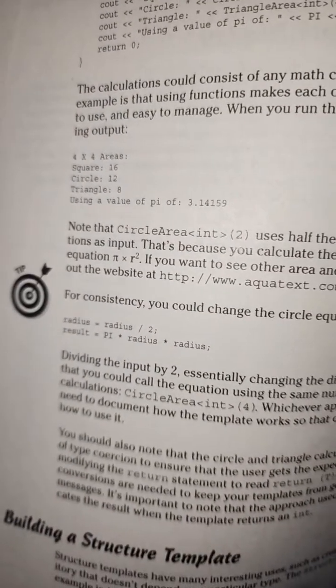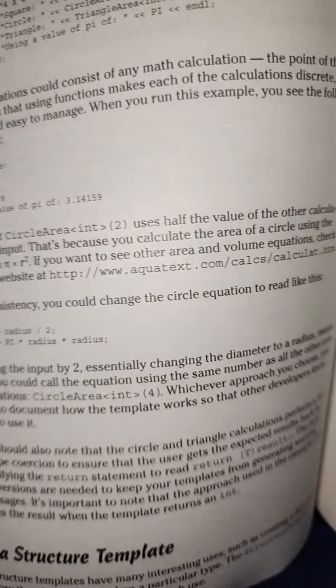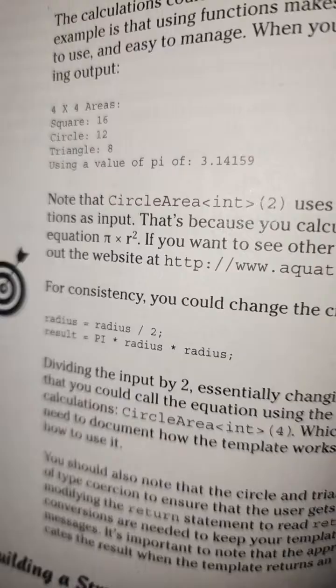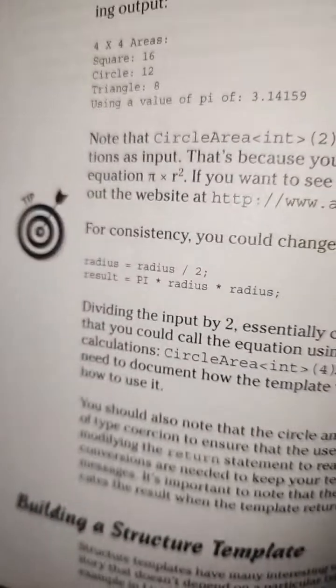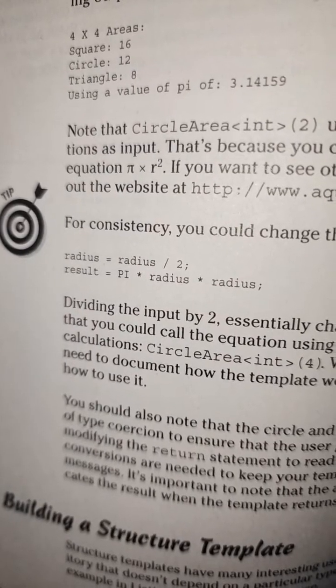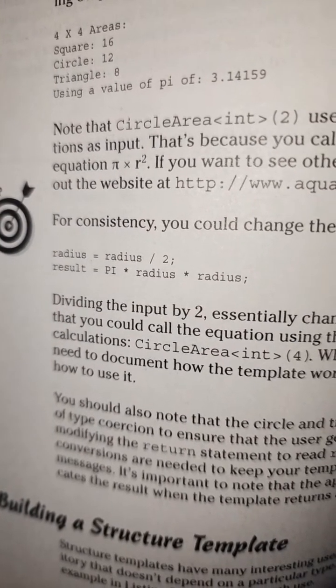Tip: for consistency, you could change the circle equation to read like this. Radius equals radius divided by 2. Result equals pi times radius times radius.